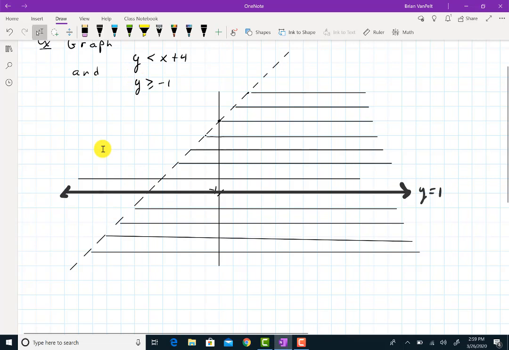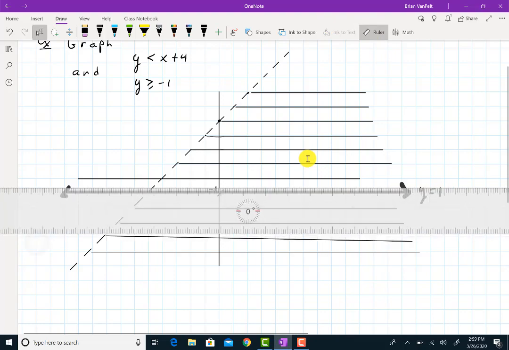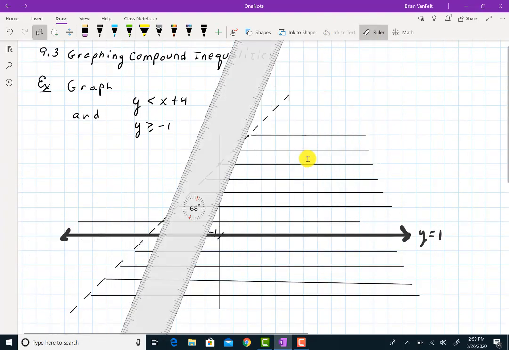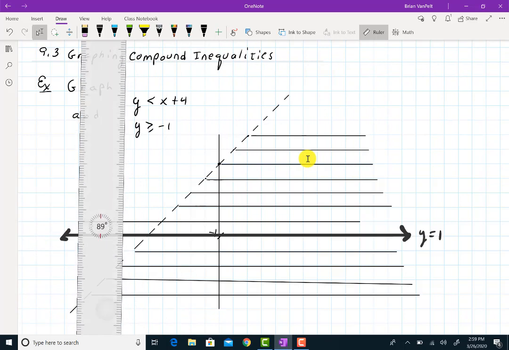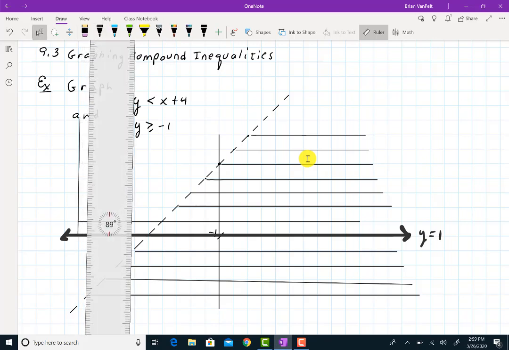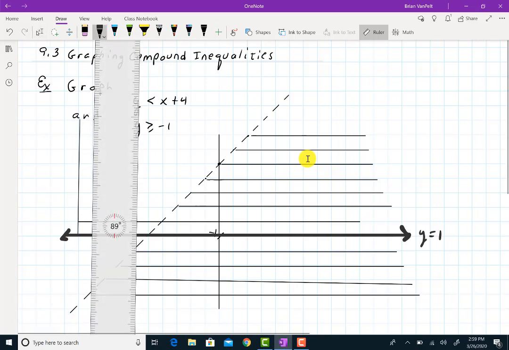That means from here we draw lines, but I'm going to draw them vertically here, and you'll see why in a minute. Let me grab my ruler back, and now let me twist it. And starting from here, I'm going to draw just vertical lines until I get to it. So it's a good thing I made it thicker so I would be able to see it versus the other one.